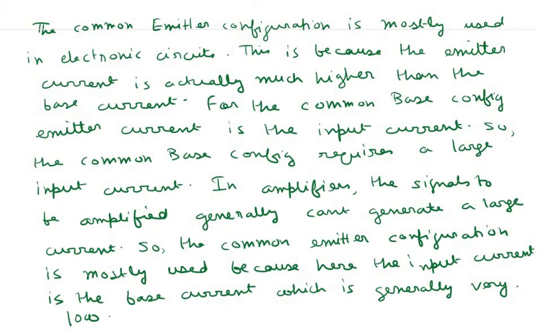Since the input signals that come from the air and need to be amplified are generally weak signals and cannot generate a large current, the common emitter configuration is generally used, because in this configuration the base current is the input current which the signal that needs to be amplified would be supplying, and because the base current is much lower compared to the emitter current or the collector current, this configuration is mainly used.